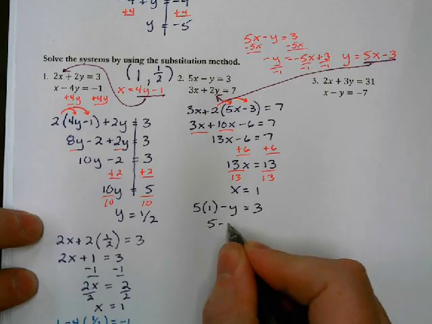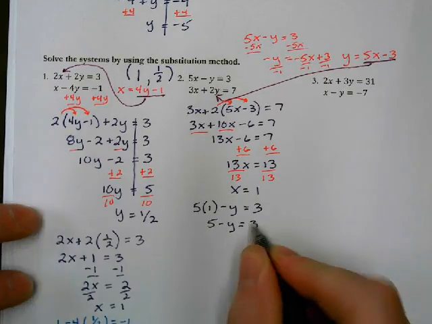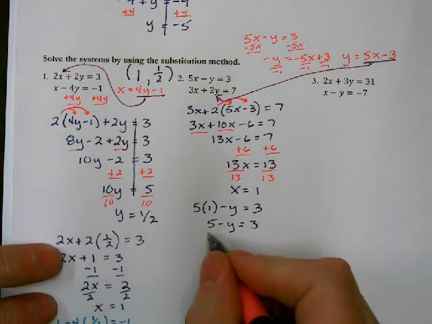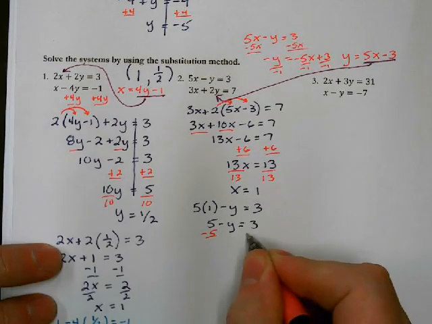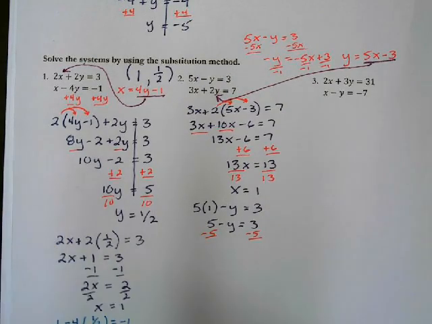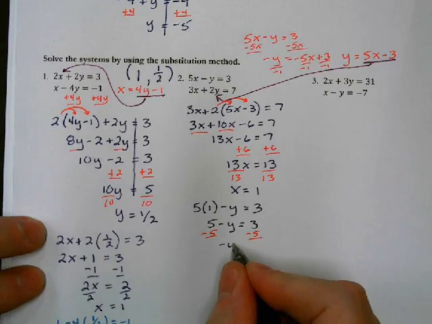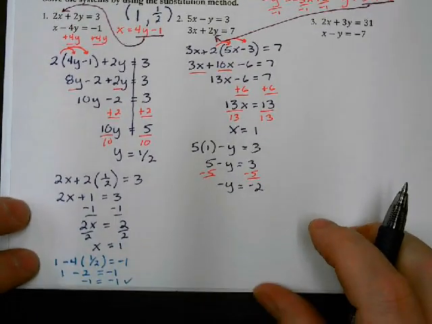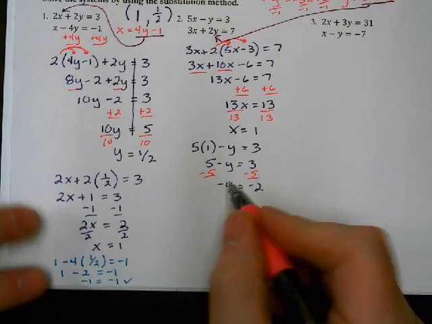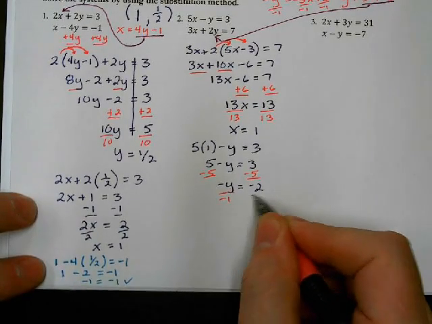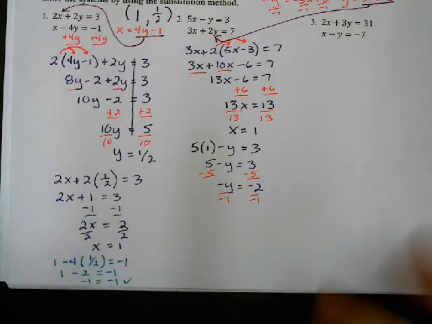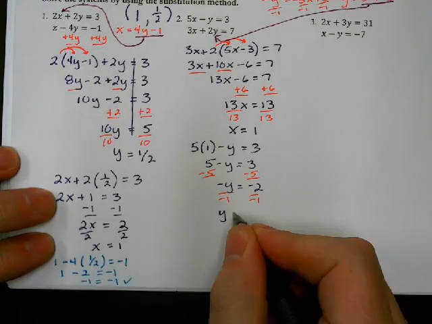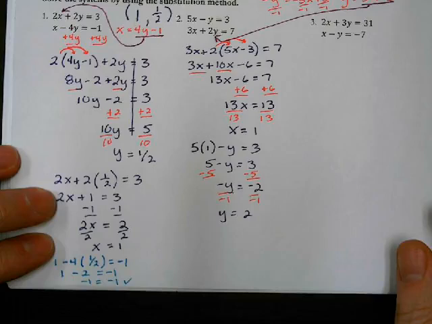I use the subtraction property of equality. Subtract 5 from both sides. That leaves me with negative y equals negative 2. And then I'm going to use the division property of equality and divide by negative 1 on both sides. That leaves me with y equals 2. All right, I think I've got my answer. It appears as if my answer is 1, 2.